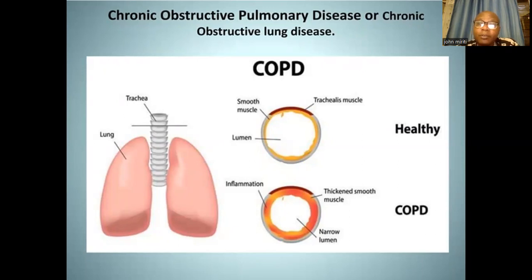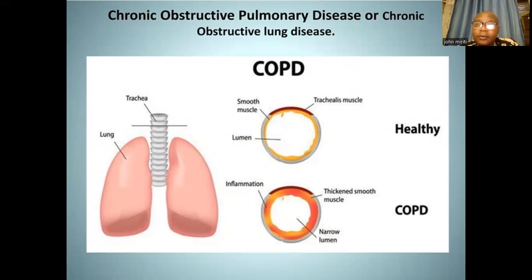So, in a normal person, the airway starts from the nose, the nasal cavity. We have the sinus, whose main function is to warm and moisten the air during respiration, and also to filter the air.